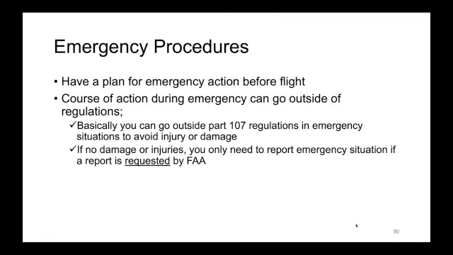But if no damage or injuries occurred, and you had a near miss and had to avoid another aircraft, what I would do is write down the who, what, when, and where, and put it into a report: what bird you were flying, the tail number, and the names of anybody who was there as a witness.